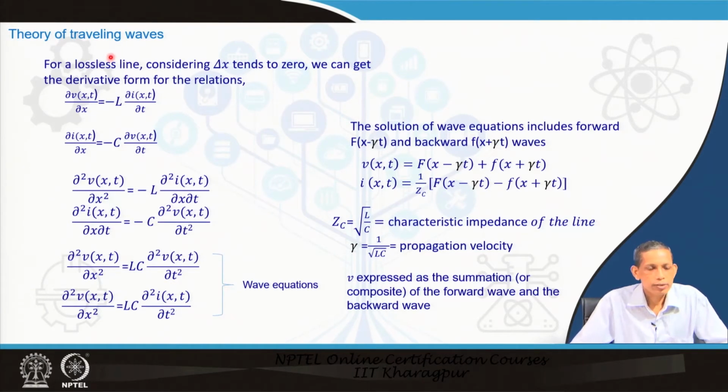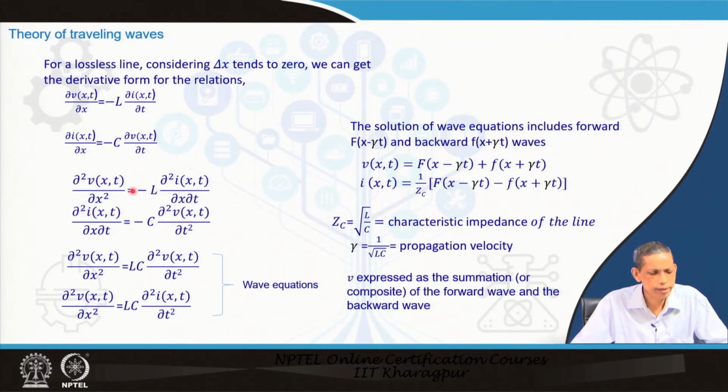Now, using these relations and considering a lossless line for simplification, when delta x tends to 0, we can get the derivative form of these two relations: del V upon del x equals minus L del I upon del t, and del I upon del x equals minus C del V upon del t.